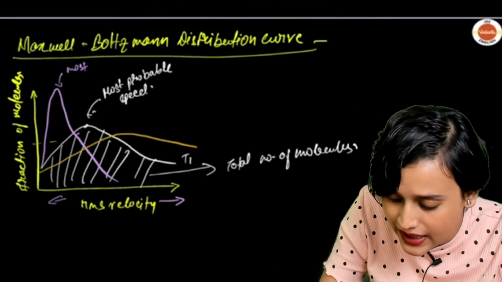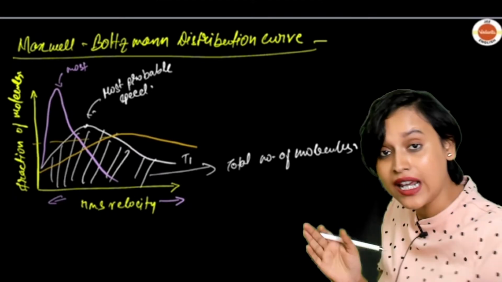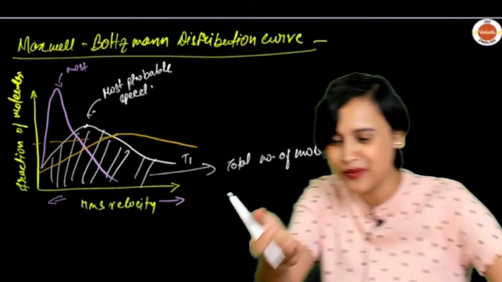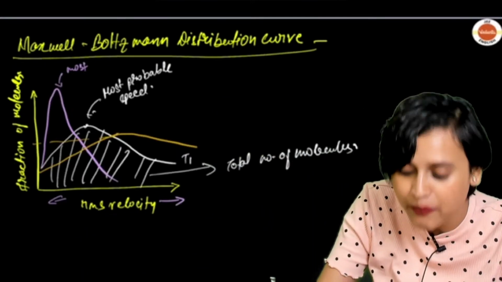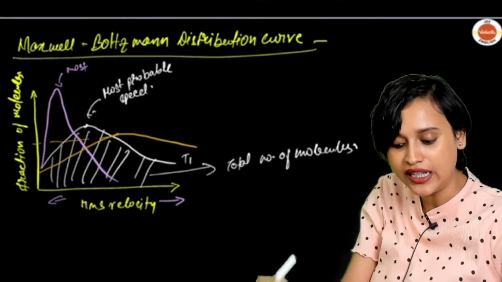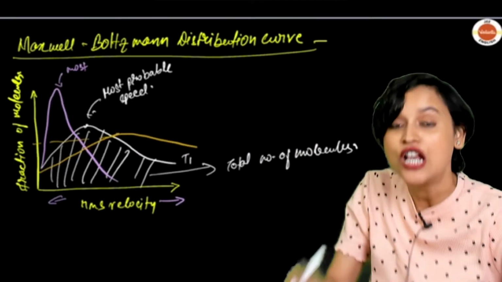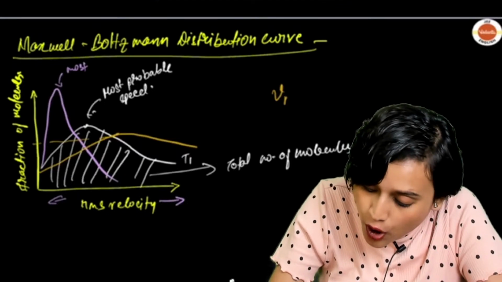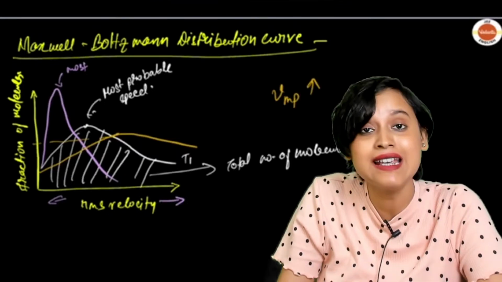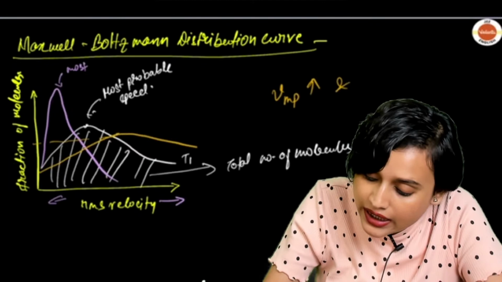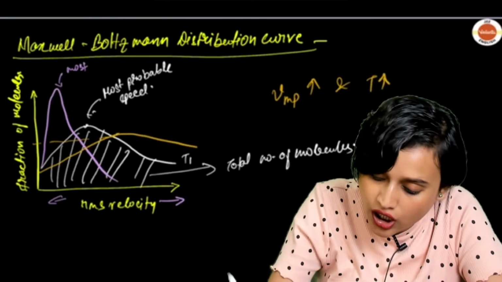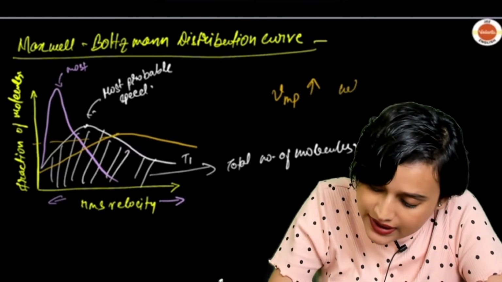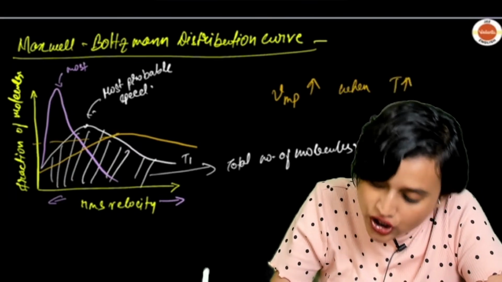The velocity came a little forward, meaning it has increased, and the peak went a little down. So from here we can understand that the most probable velocity increases when temperature increases.